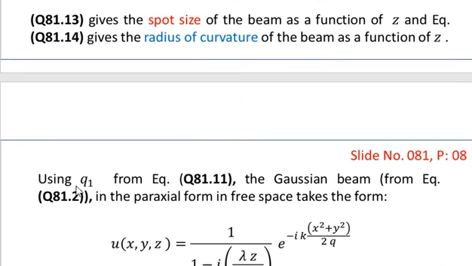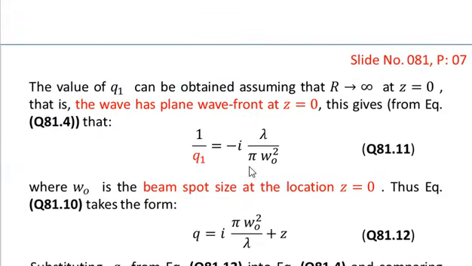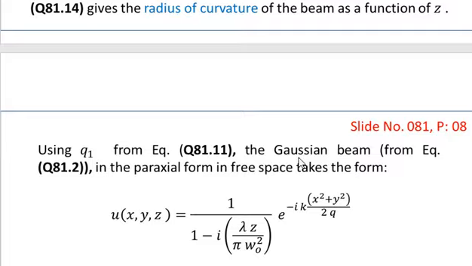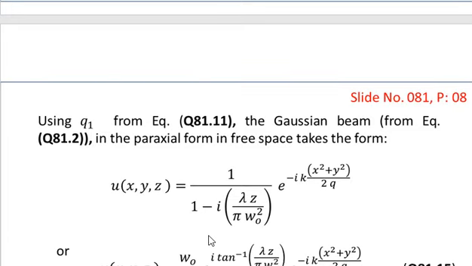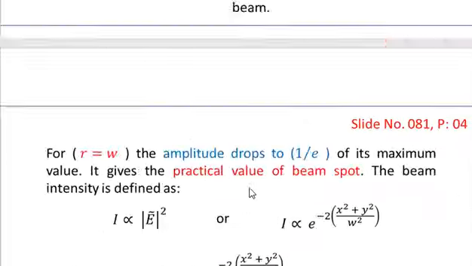Using q1 from equation number 11, the Gaussian beam from equation number 2 in paraxial form in free space takes the following form. So let me show you equation number 2.